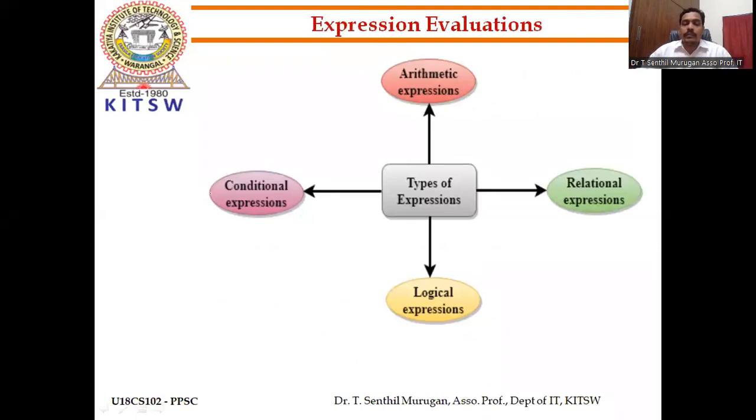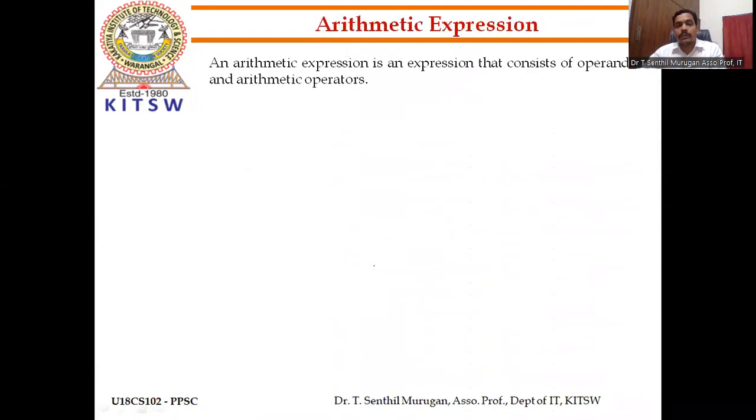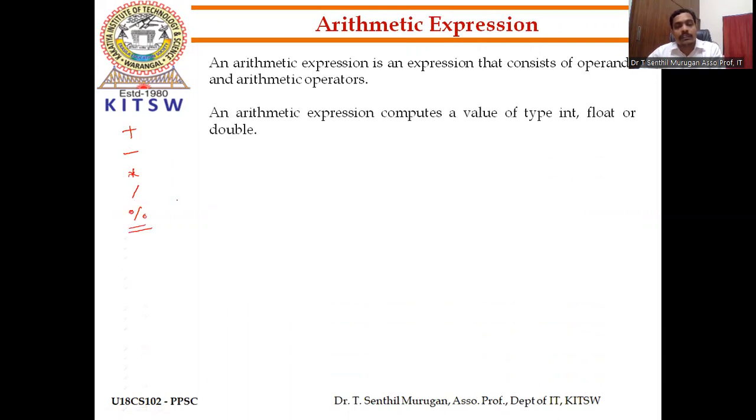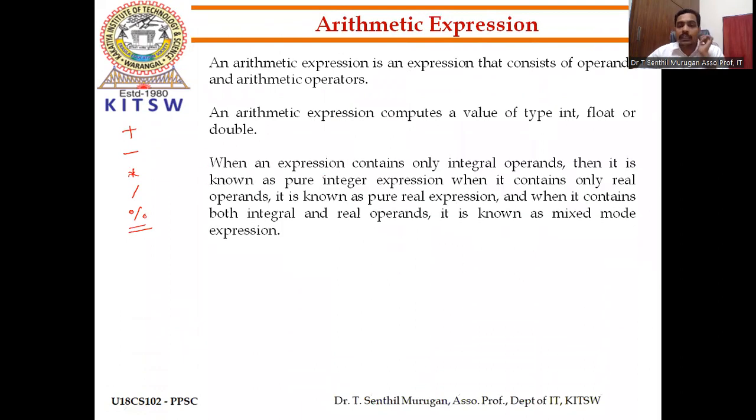So in C language we have different types of expressions: arithmetic expressions, relational expressions, logical expressions, and conditional expressions. Here we will see one by one. First, arithmetic expression. What is arithmetic expression? We know arithmetic operators: plus, minus, multiplication, division, modulus. Wherever the expression uses these 5 symbols, it is considered an arithmetic operation. These arithmetic operators compute values of type integer, float, and double.